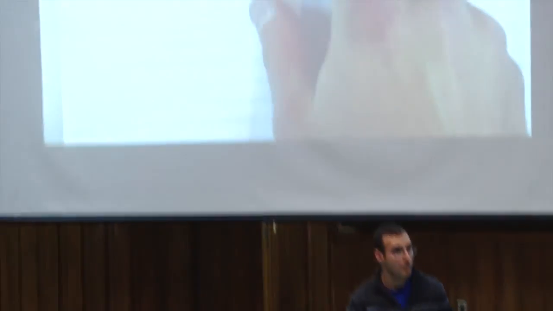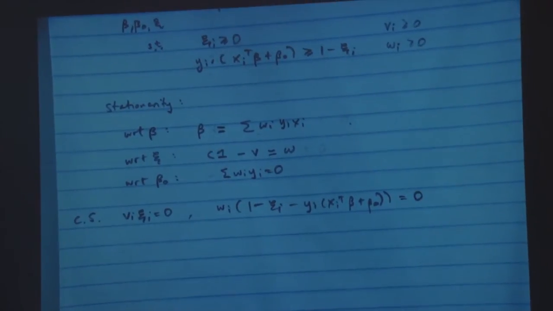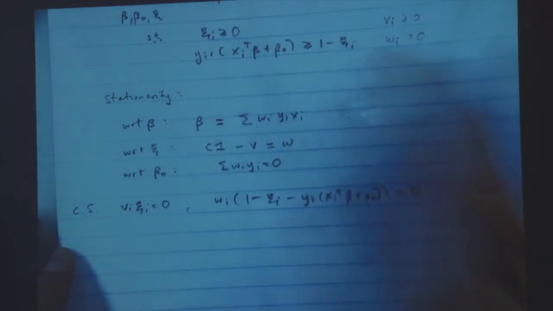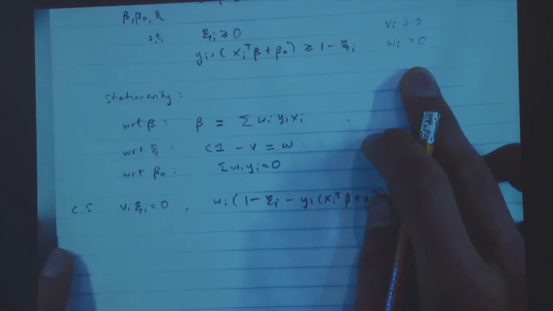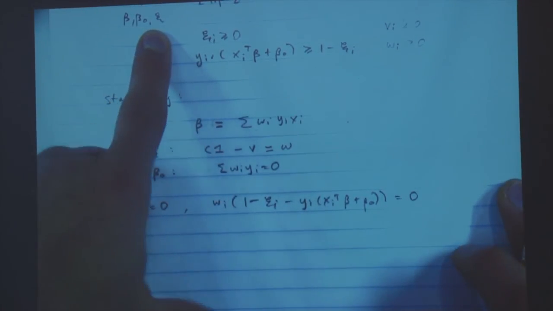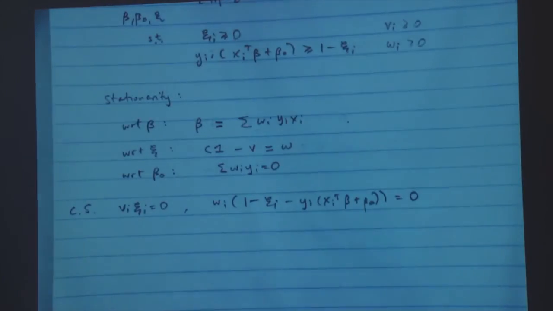We introduce them with their constraints. We minimize the Lagrangian, get the Lagrange dual function. Then that forms the dual. These are the same w and v here. So, of course, if we satisfy the KKT conditions, then beta, beta naught, and psi would be primal optimal, and wi and vi would be dual optimal. So w would be, for example, the solution of the dual.